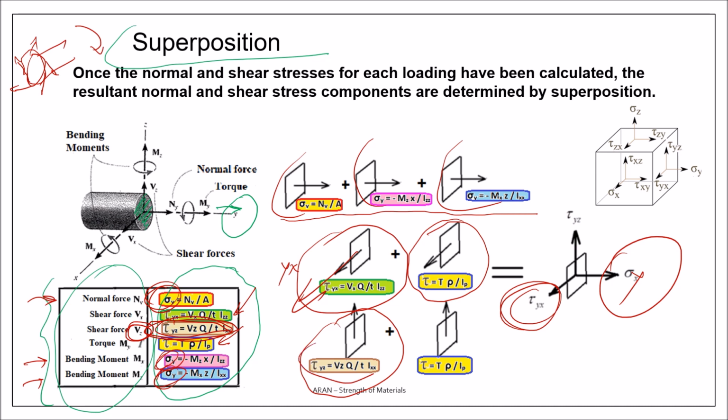We know somewhere on the surface we will also have a shear stress due to torsion, which is in the same direction, and so we will find also tau yz.